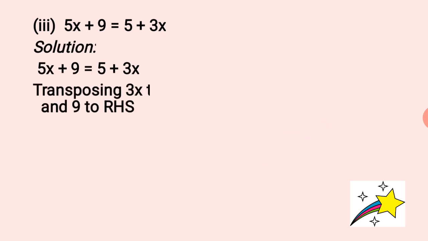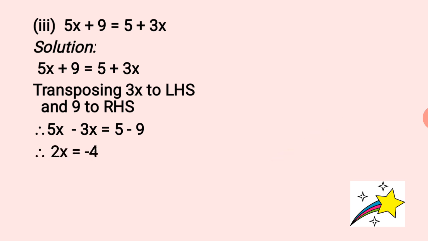So this is what you get. 5x minus 3x on the left side and 9 moves here on the right side. It becomes 5 minus 9. So you get it as 2x equal to minus 4, which can be solved further to x equal to minus 2.